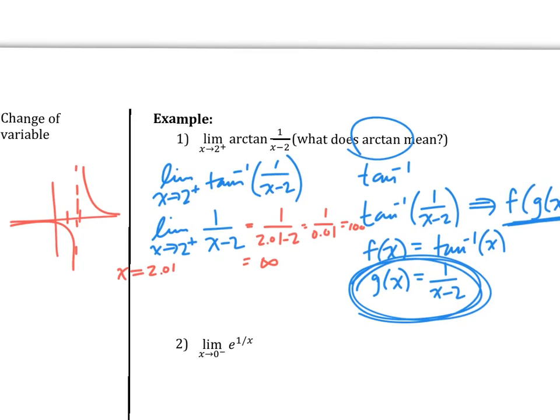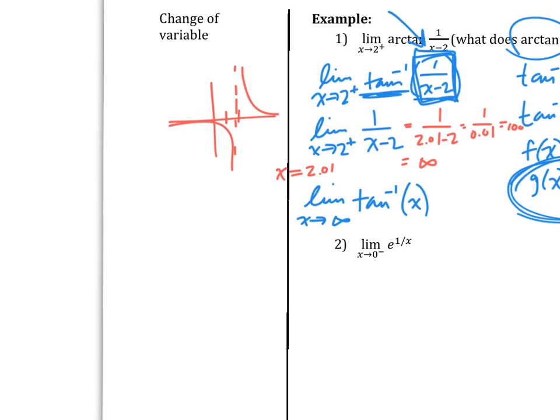We're not going to 2 plus anymore; we already evaluated that. The limit is going to infinity, so now we evaluate the limit as x goes to infinity of this function.